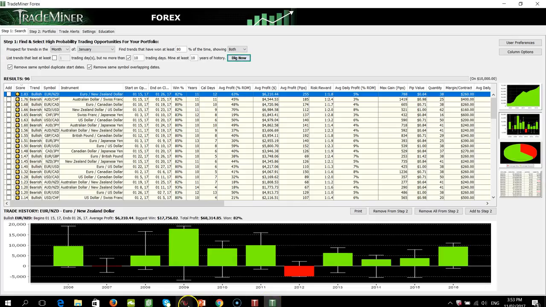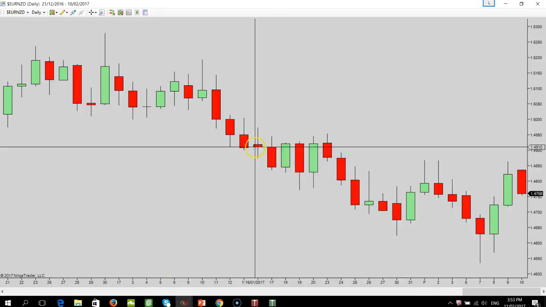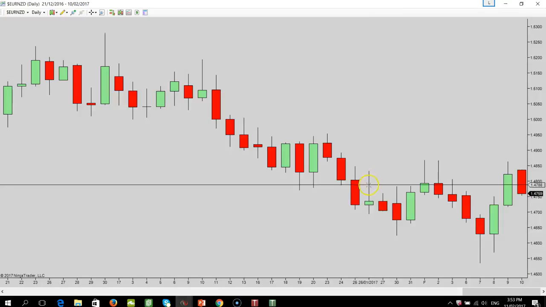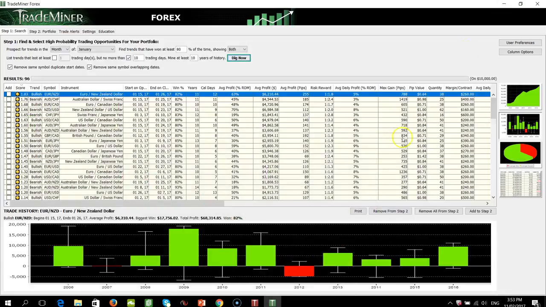Until the 26th. So from this one down to the 26th. So this one didn't work out. Now, one of the things you can see also with this is it shows you the last 10 years down here, what sort of profits there were on these trades to be had.